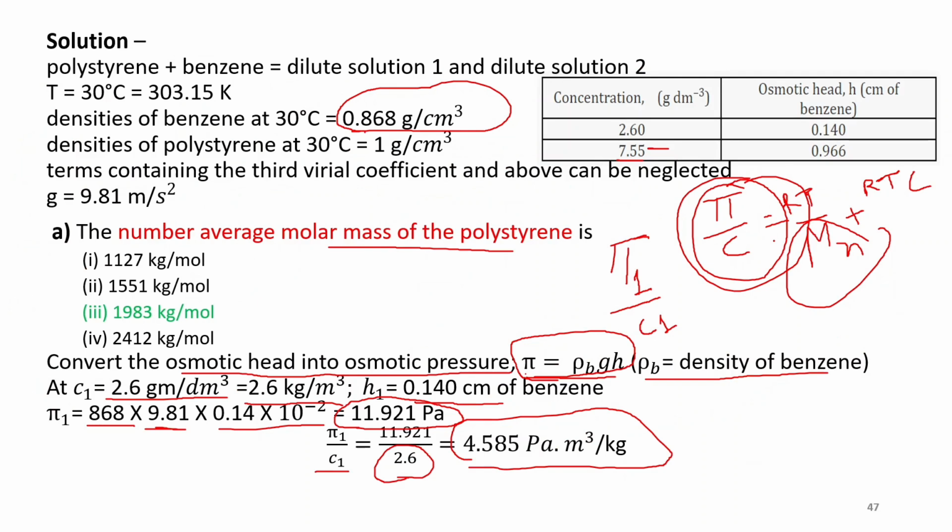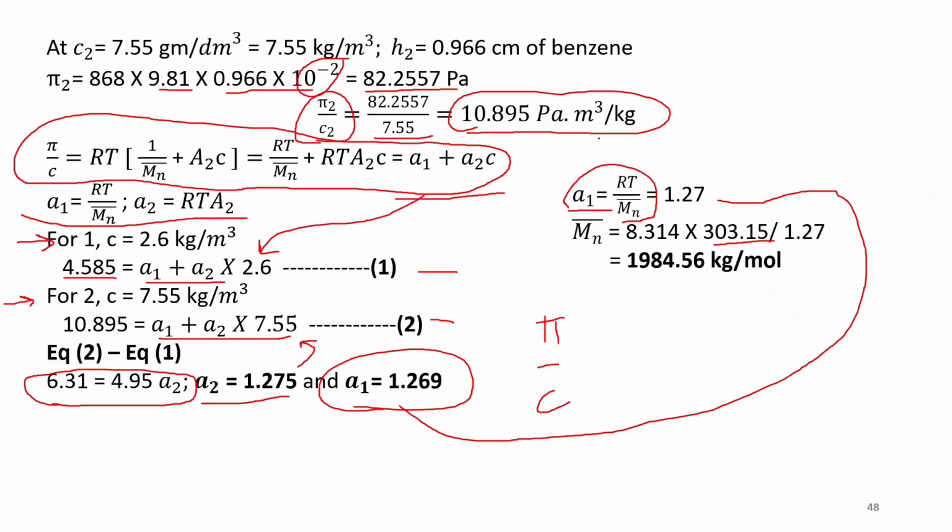As we know, the temperature is 30 degrees Celsius here, and we converted it into Kelvin. So 303.15 divided by A1, which is 1.27, and the value we get for the molar mass of the polystyrene is 1984.56 kg per mole, which is around 2000 kg per mole, right?